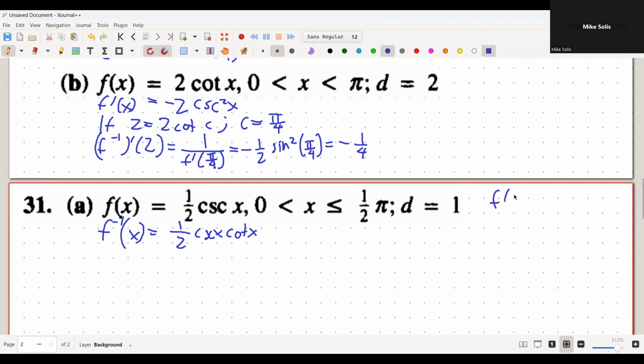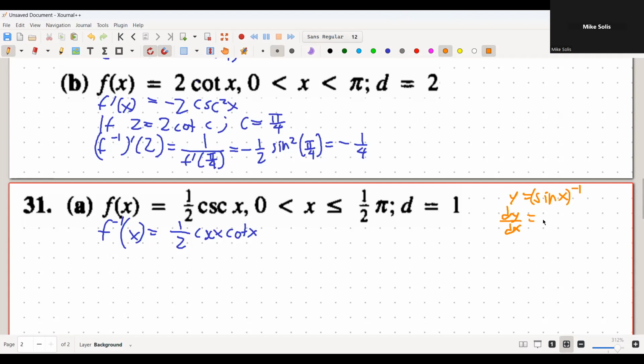So y is equal to sine of x raised to the negative 1. No, sine of x quantity and then raised to the negative 1.